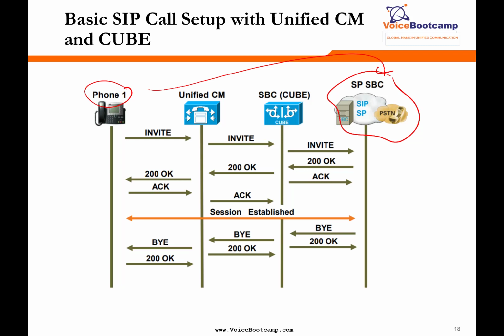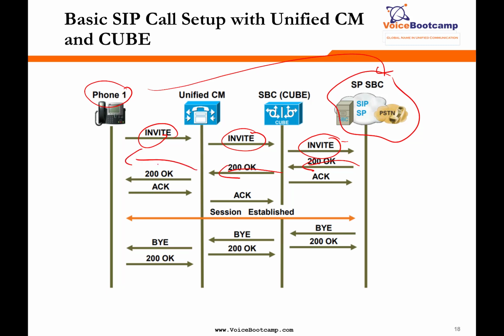So the process remains the same. From the phone 1 to call manager, an invite message. From the call manager to queue is another invite message. From the queue to the service provider SBC, also another invite message. And of course, the response will go back exactly the same way. 200 OK, 200 OK, followed by 200 OK.